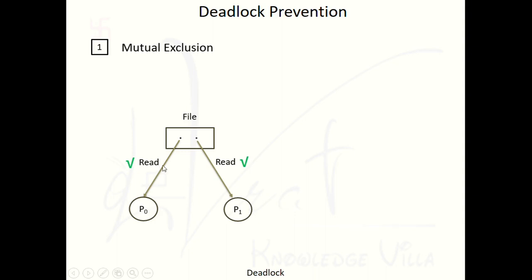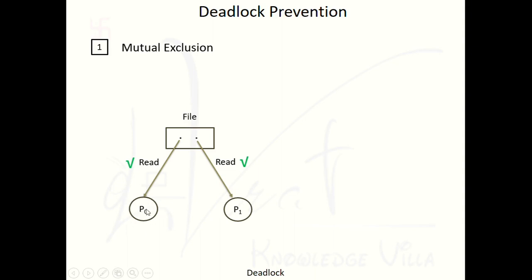Now think vice versa. Suppose process P0 requires this file for the writing purpose. Will we be able to allocate this file for the writing purpose? Yes, we will be able to allocate this file for the writing purpose to process P0.